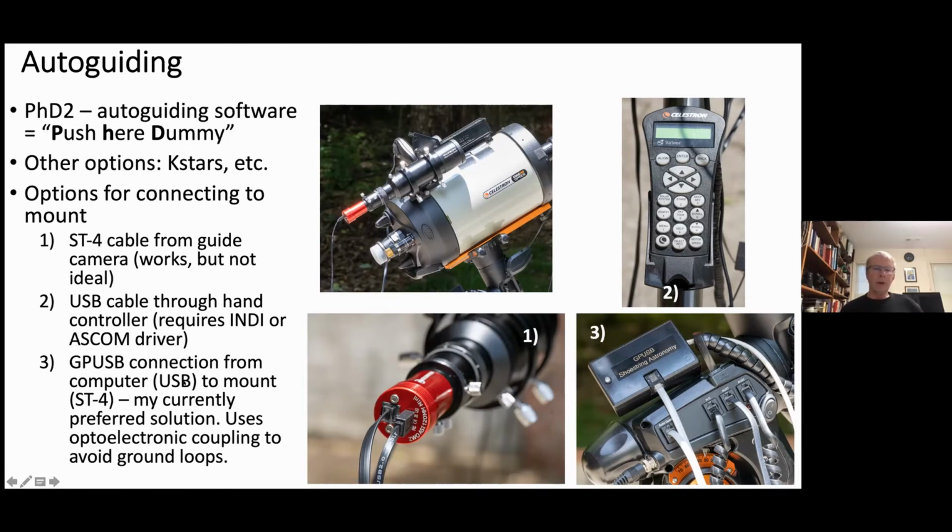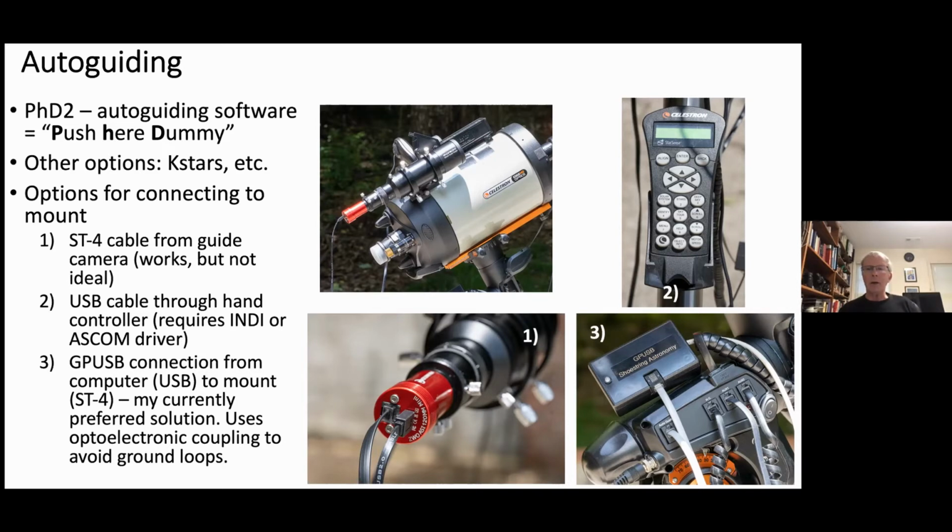So it gives you a little more information from the mount to the computer than the camera connection does, and it actually gives you the mount position at any point in time. It also uses optoelectronic couplings between the computer and the mount, which they claim is good for avoiding ground loops.